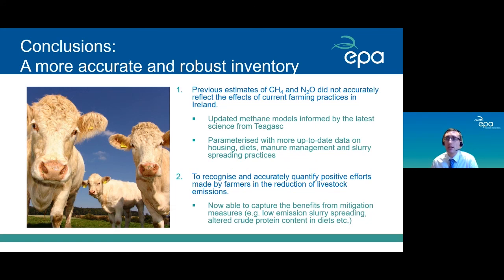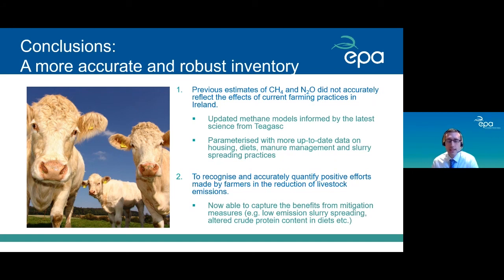Now, overall, that's just a brief summary of what we've done to update our methodologies, but to return to our original motivations for doing this, in terms of more accurately reflecting what's happening on the ground: we have the new methane models from Teagasc, which represent the latest science on that front, but also much more detailed data streams on housing and diets, manure management, and slurry spreading practices to inform our inventories.